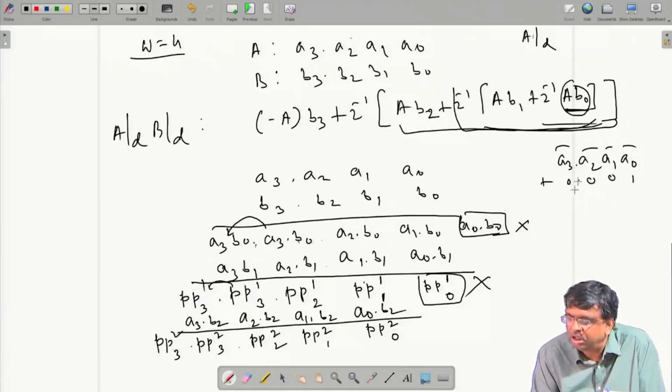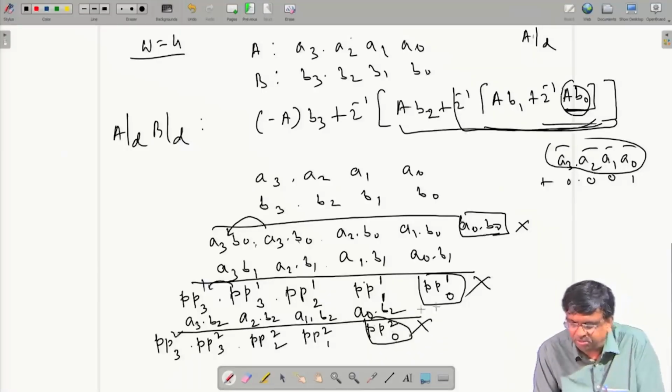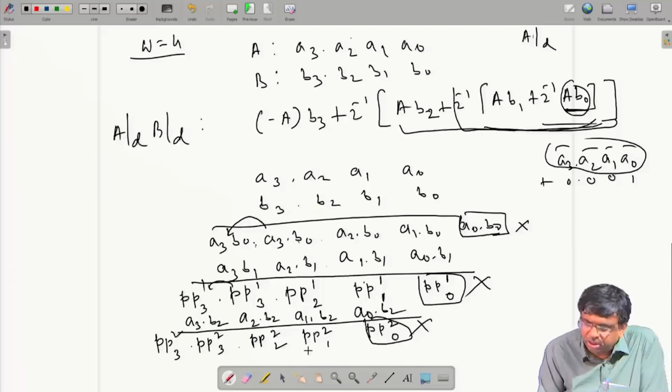There is a binary point here and these together are to be AND gated with B3. So, I will take the AND gate of this part with B3 and the AND gate of this part with B3 and add. By the way, first let me erase this, this is chucked out.